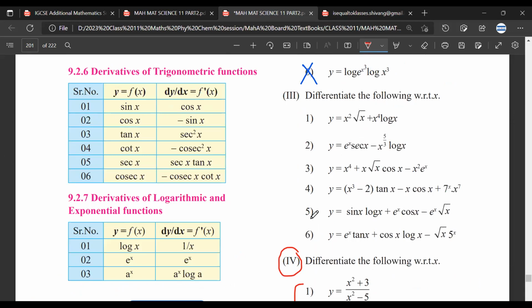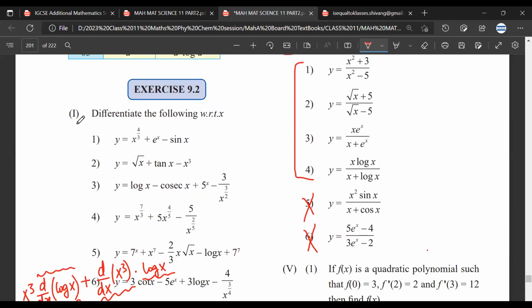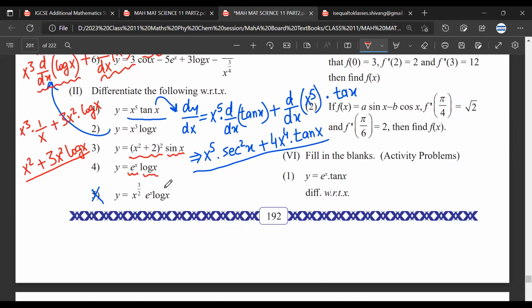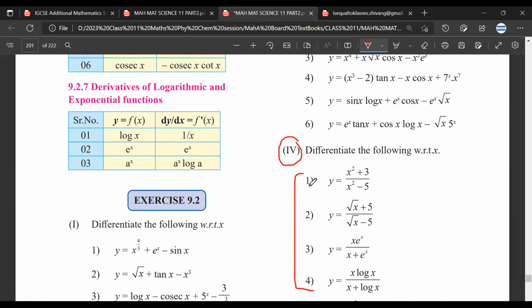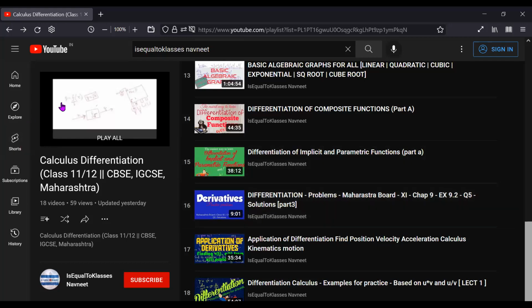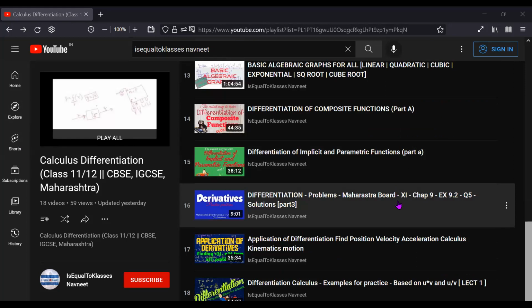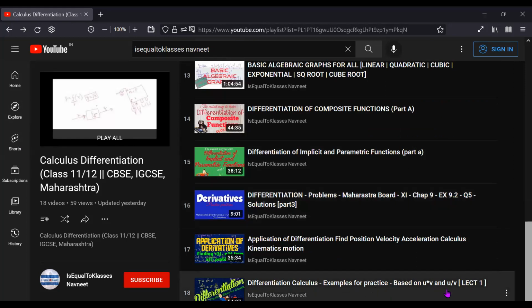So, our homework would be question number 1, all parts. Question number 2, first 4 parts. Question number 4, first 4 parts. Would you be able to do these? Yeah. And as I have told you, if you have understood the UV rules, then you can directly jump to these examples for practice based on UV.